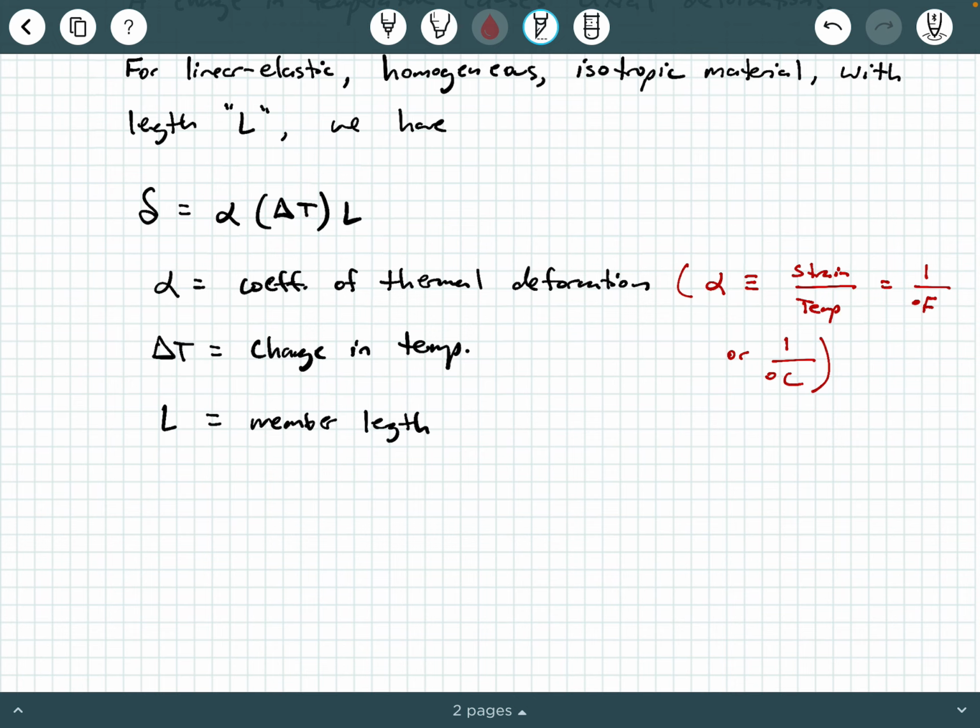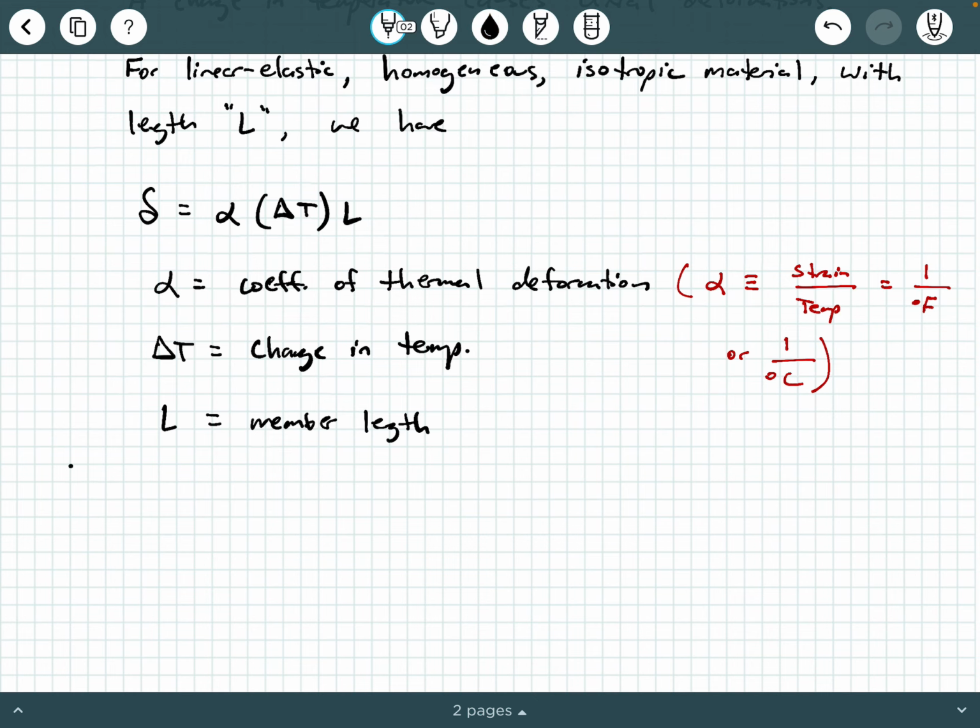Now, you can explore an integral version of this. That's not against any rules. If you have a material that has a varying coefficient of thermal deformation, or you have a varying temperature, you could see an integral form of this.